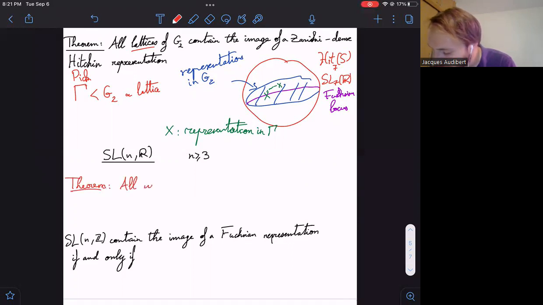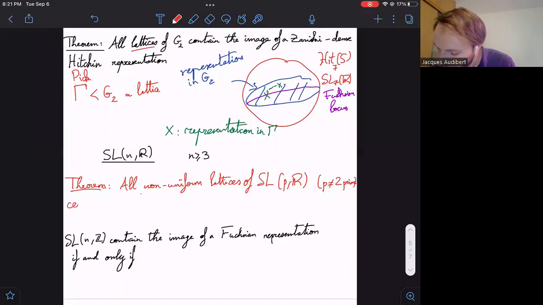All non-uniform, so non-cocompact, lattices of SLpR, where p is prime, contain a Zariski dense Hitchin representation.